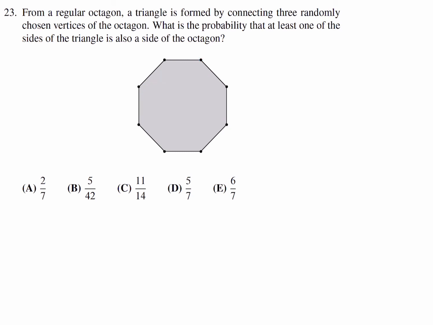That's what I'm going to figure out. And then at the end, I can just subtract it from 1 to get the probability that at least one of the sides of the triangle is also a side of the octagon. One such example would be that, whereas you can see that is a side of the triangle and a side of the octagon. So first we'll figure out P, and then at the end, the answer will be 1 over P.